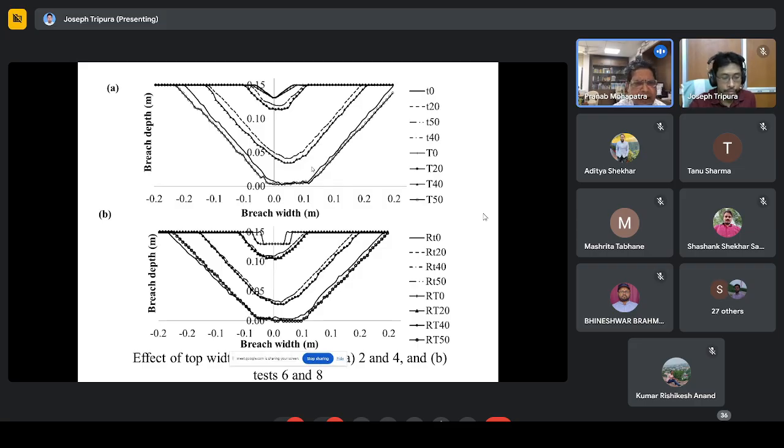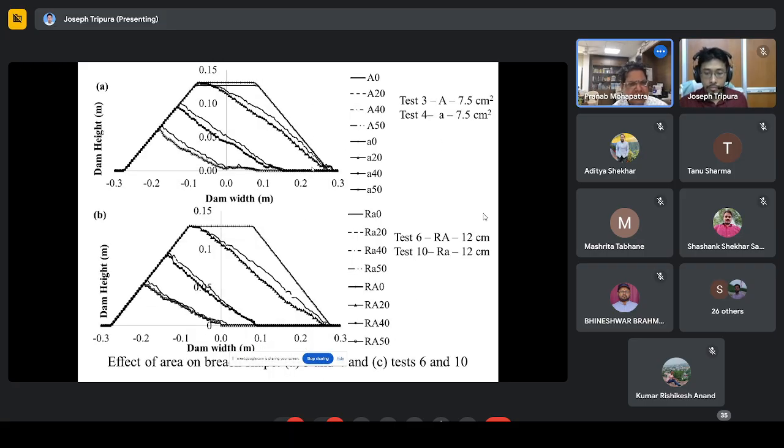You can see that although we tried with a triangular or a rectangular shape, whether it is triangular or rectangular, eventually the evolution is going towards a triangular shape with a smooth bottom. So why not choose that shape from the very beginning? That was the logic. Okay, please go next.